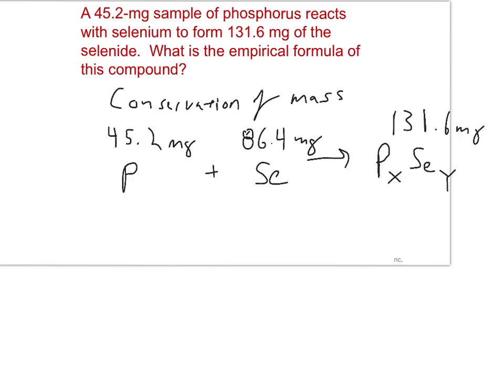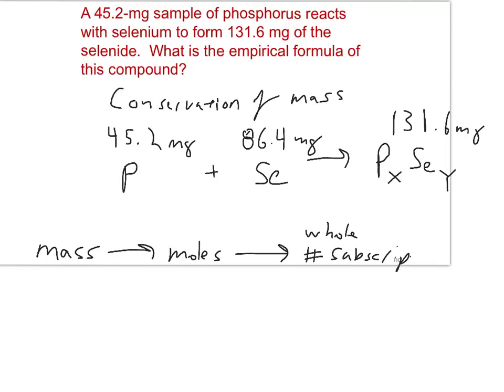And we follow the procedure that appeared earlier. We go from mass to moles. And then we go from moles to whole number subscripts. So first, I'm going to convert milligrams to grams because molar masses are given in grams per mole.